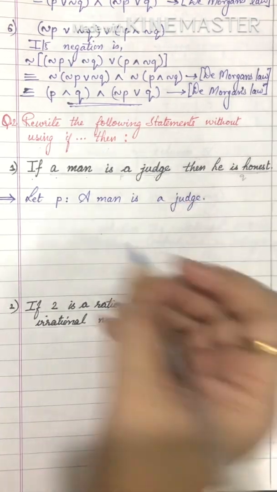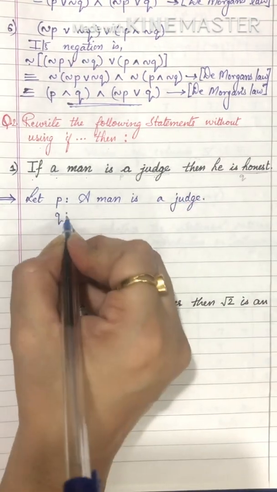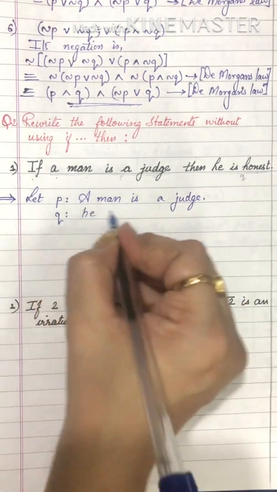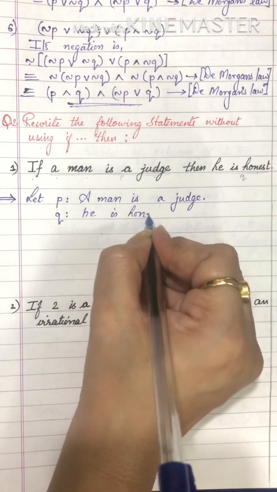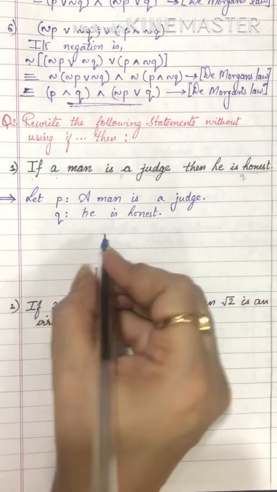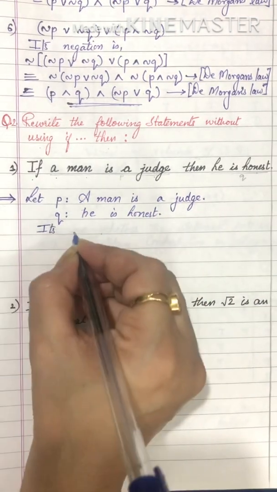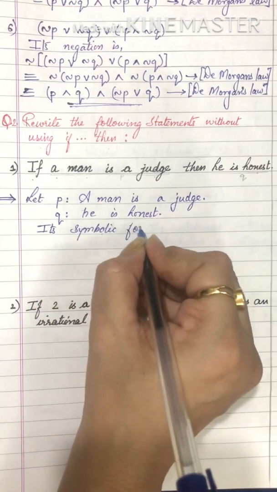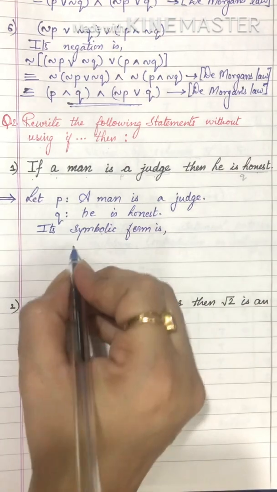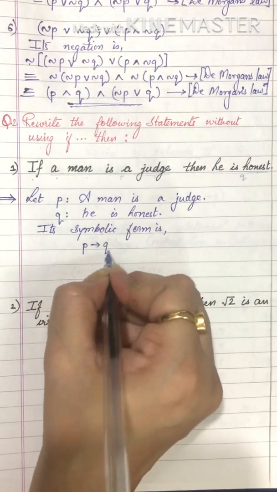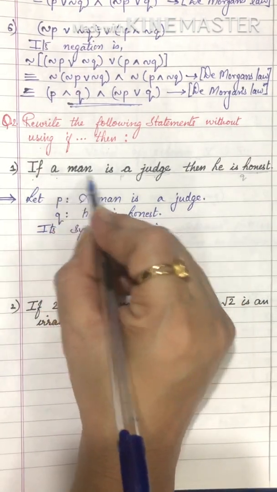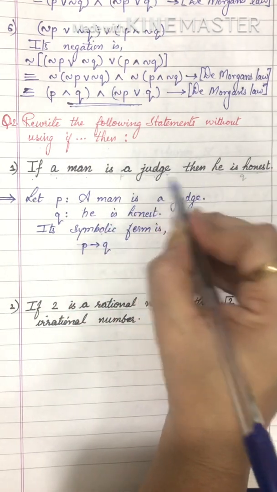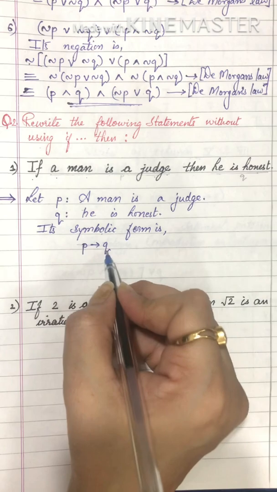Okay, this becomes our first statement P, and let Q be the statement he is honest. Okay, now we write its symbolic form is P implies Q. Now how do I get this? This full thing is statement P, then Q. So P then Q, that is P implies Q.